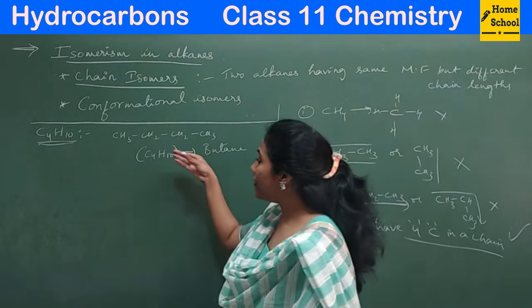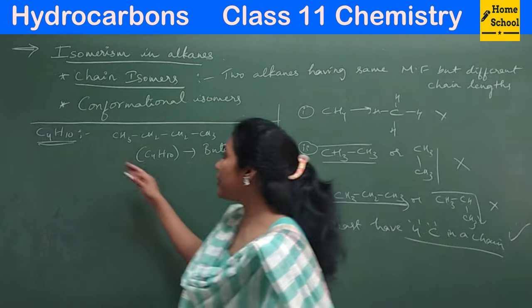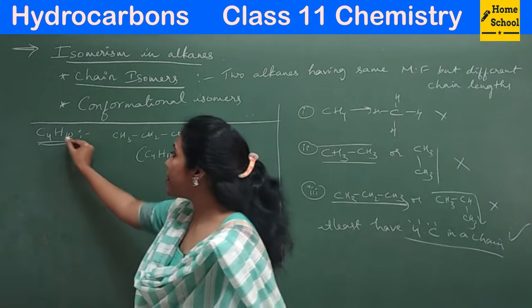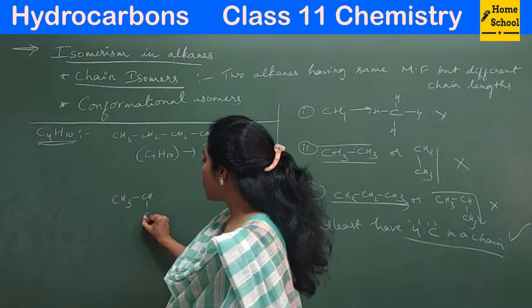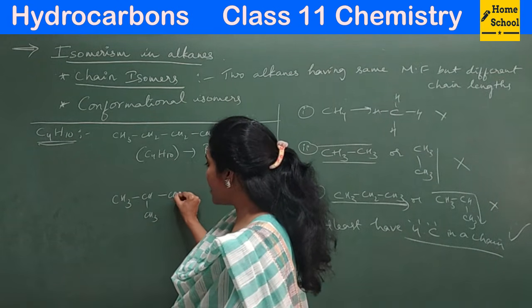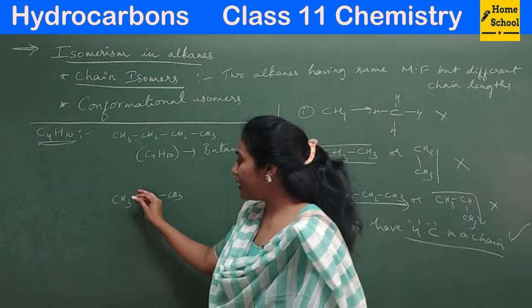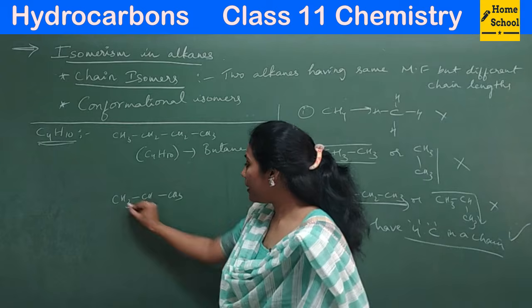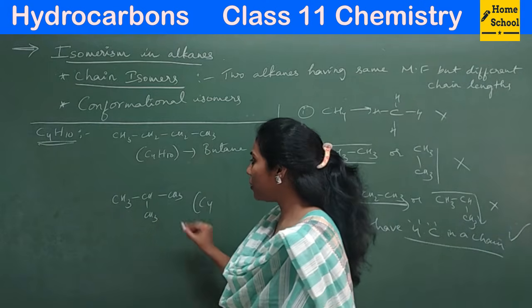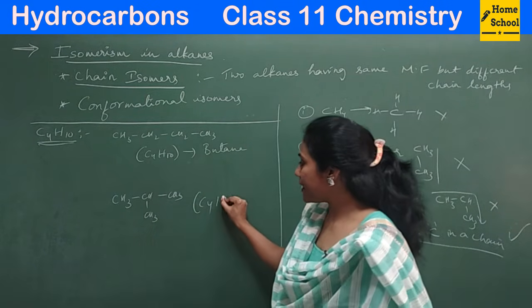What is the other way of writing a structure for this formula? I can also write C4H10 as CH3, CH, CH3, CH3. See, one of the CH3 I have introduced as a branch in between. What is the formula here? How many carbon atoms? It is 4. How many hydrogen atoms? It is 10.